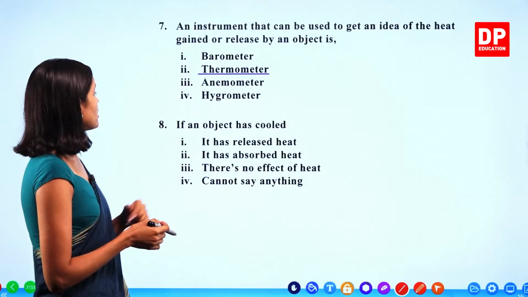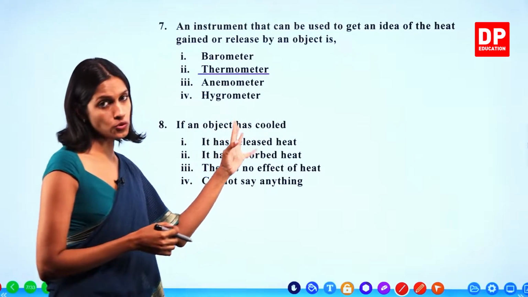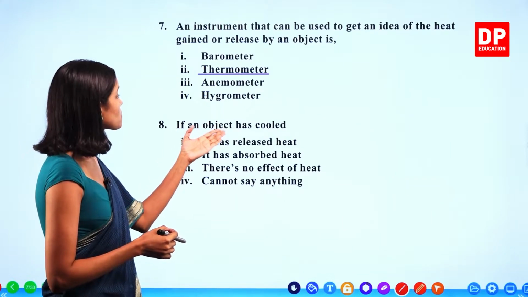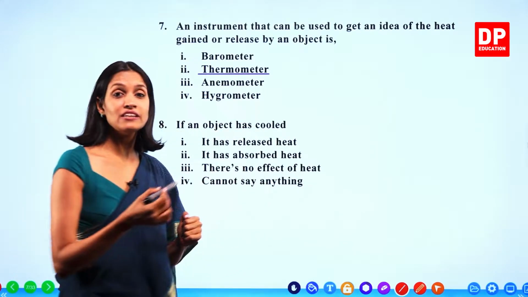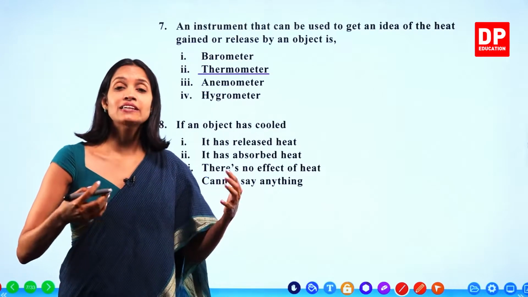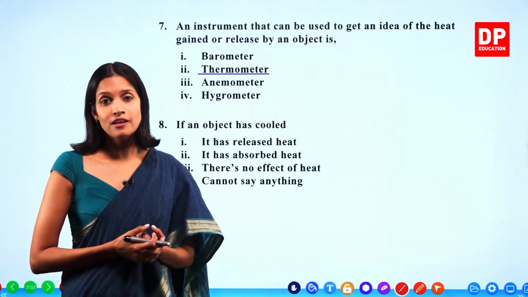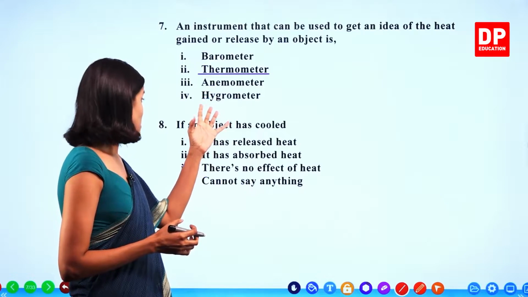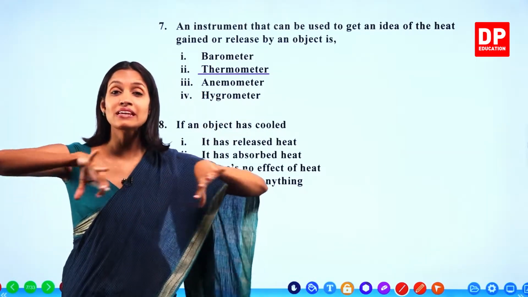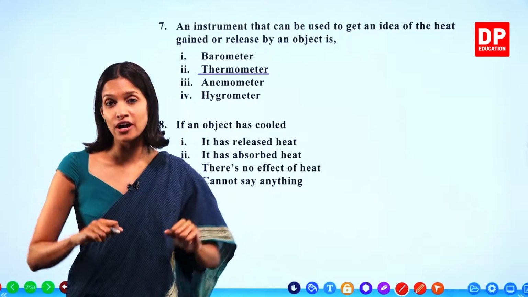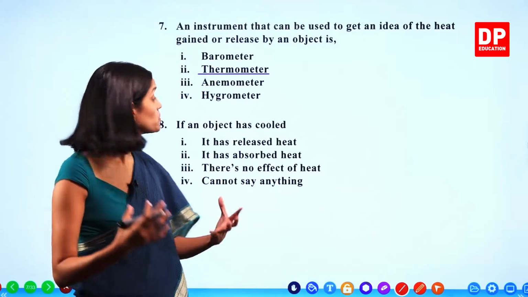Next one. If an object has cooled, it has released heat. You all know that when we heat an object, what happens? It absorbs heat, right? If an object has cooled, it's because it releases its heat to the environment. That's why it has cooled down.